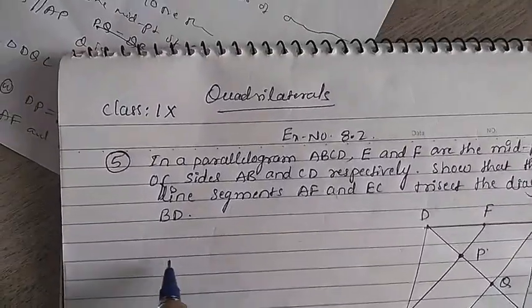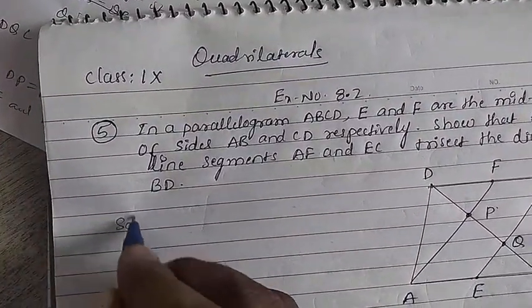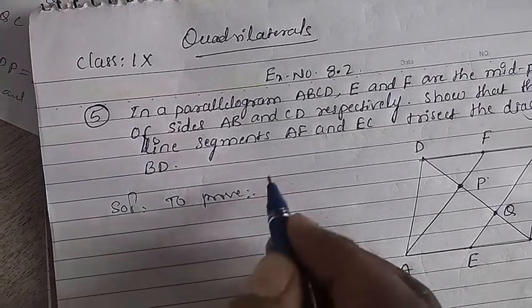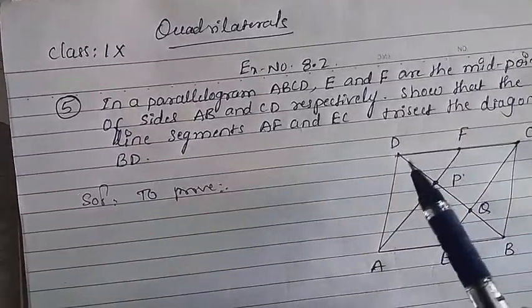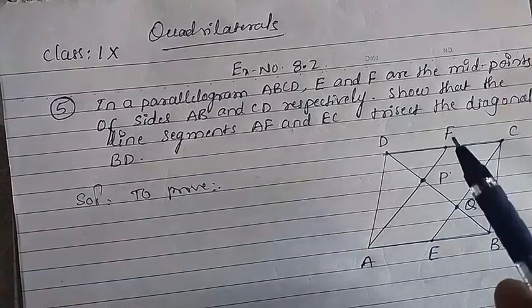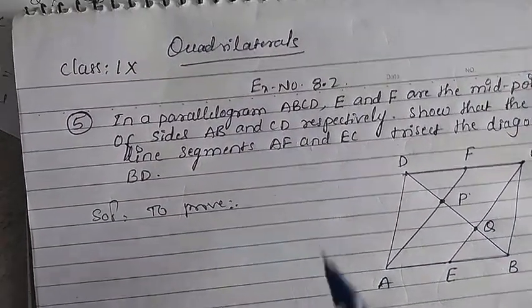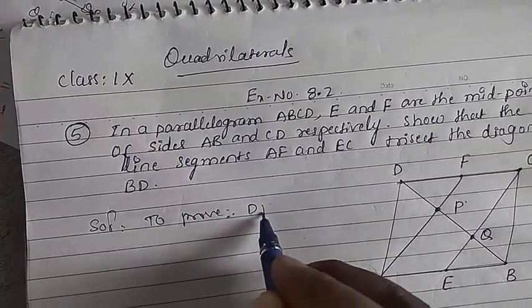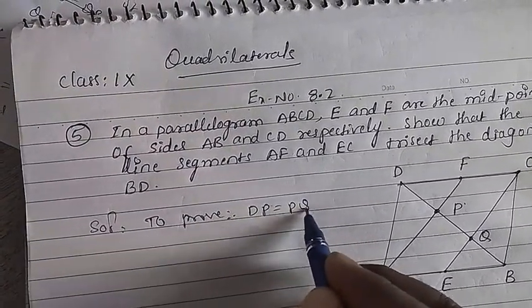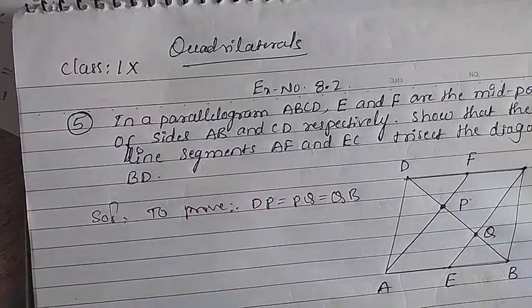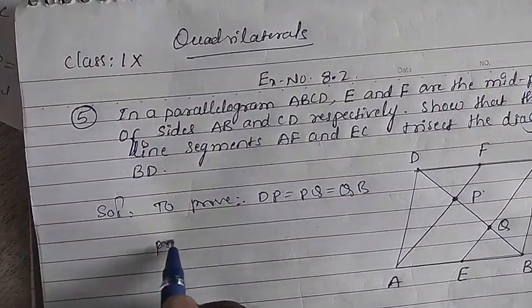Now see, you are going to prove it here. Solution to prove. First write the given: ABCD is a parallelogram, E and F are the midpoints of AB and CD. Now what are you going to prove here? To prove DP is equal to PQ, PQ is equal to QB or BQ. Now the proof.